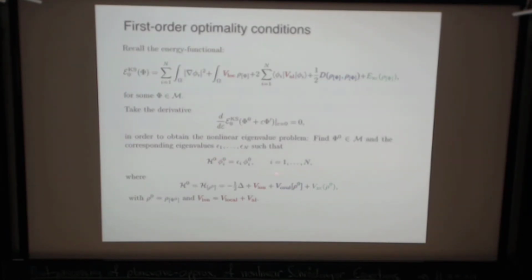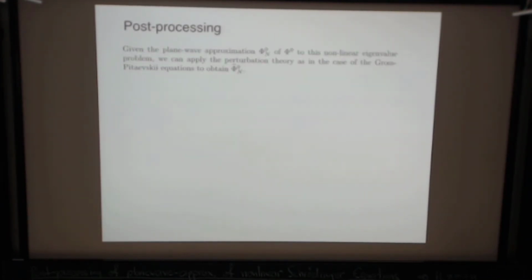But you realize as well there's a nonlinear part and there's a linear part. This can be proven in perturbation theory to be small because we have a priori results on how this is converging to the exact solution of this Kohn-Sham DFT model. And the rest can be dealt with.